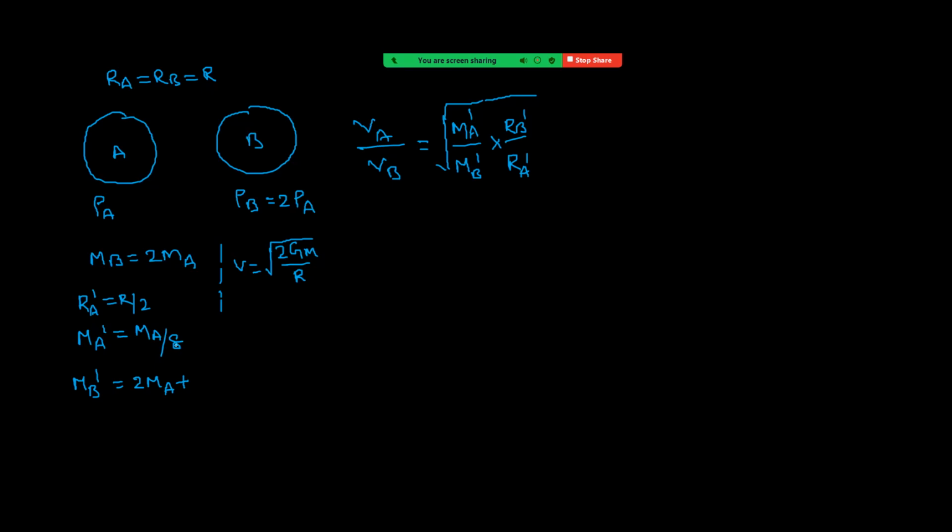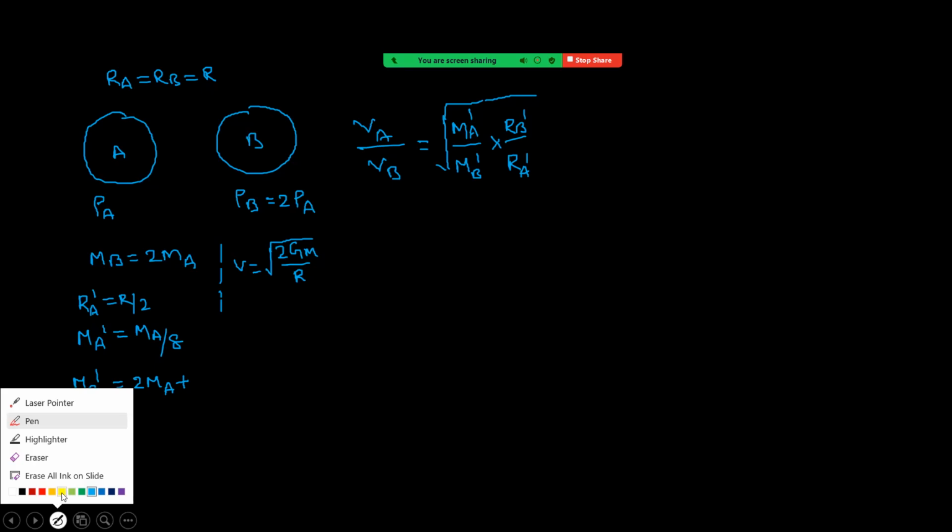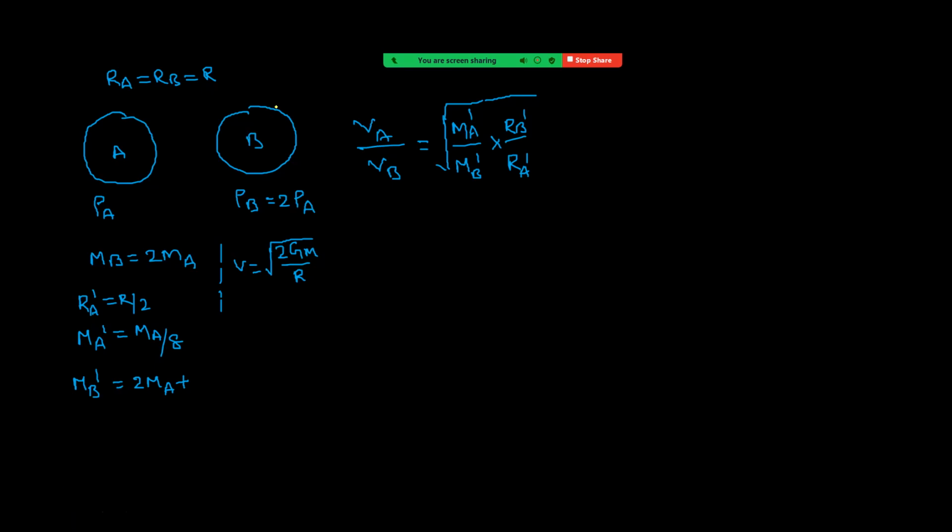So the remaining 7 by 8 is now deposited as a thick layer on B. I'm showing here as a thick layer on B, like this. So this corresponds to 7M by 8.